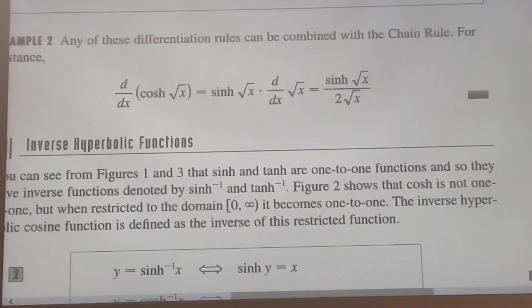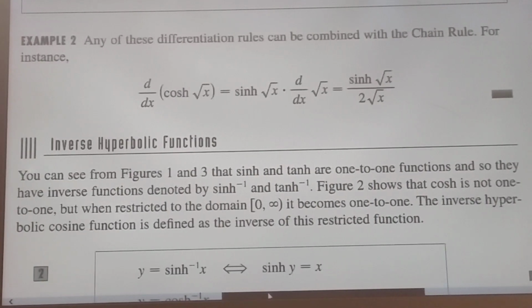Okay. So from here, we are going to go to inverse hyperbolic functions. So we are going to talk of inverse hyperbolic functions.